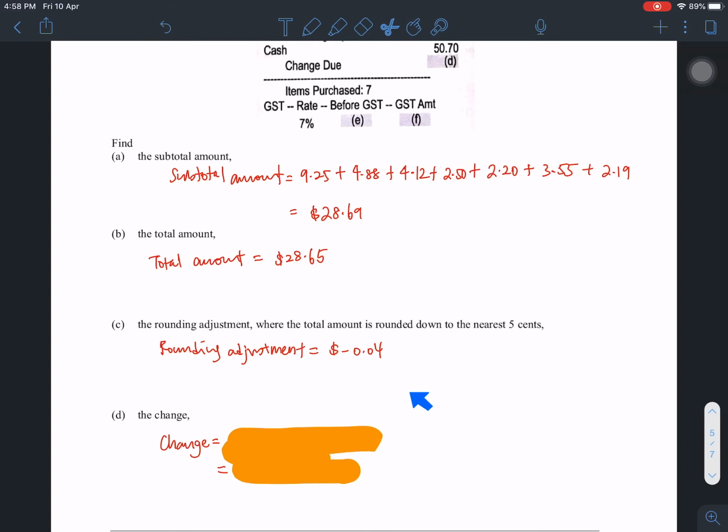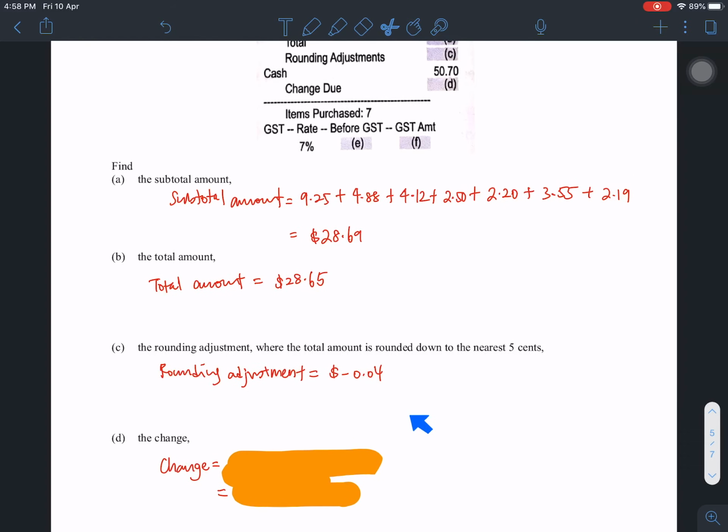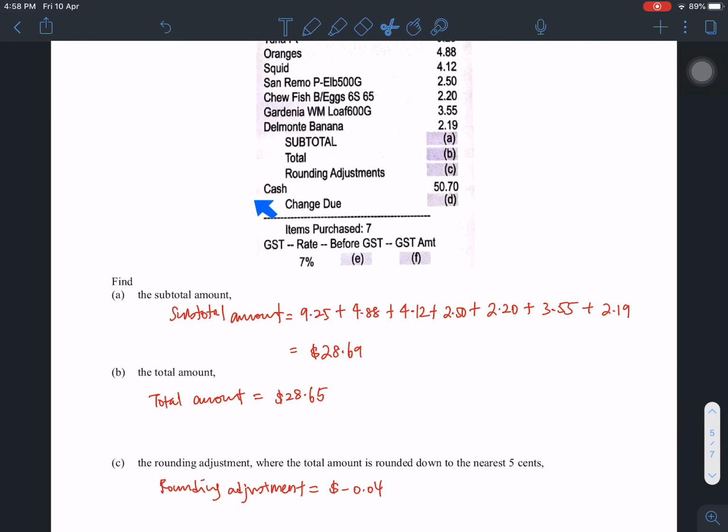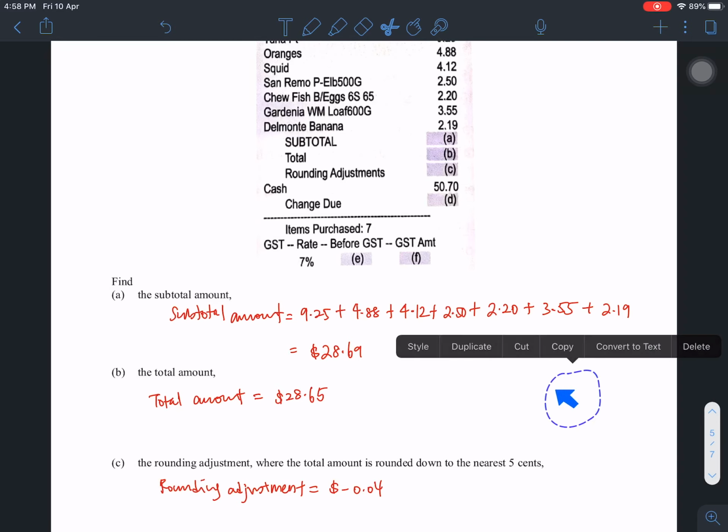Alright, for part D, it requires us to find the change. So how much do we get back? So how much did we pay first? Looking at the receipt, we gave $50.70 cash. So the change would simply be the difference between the cash, which is how much you pay, and the subtotal amount.